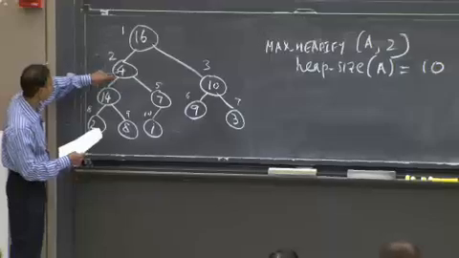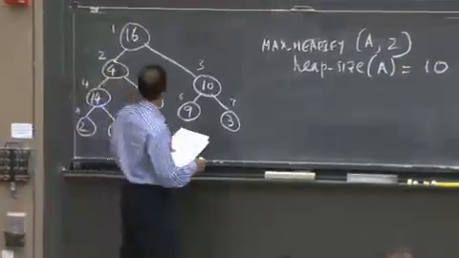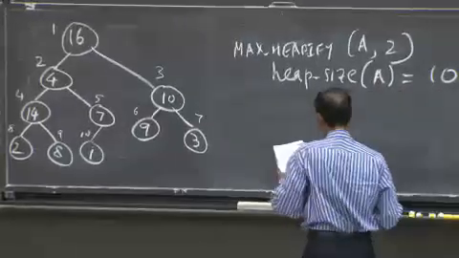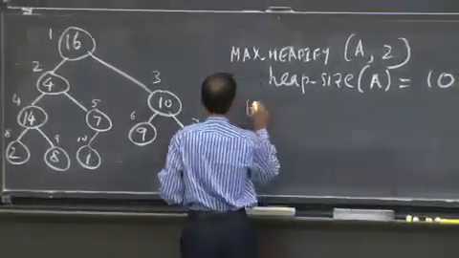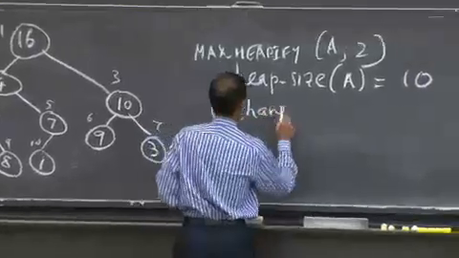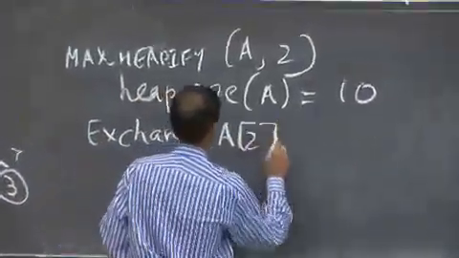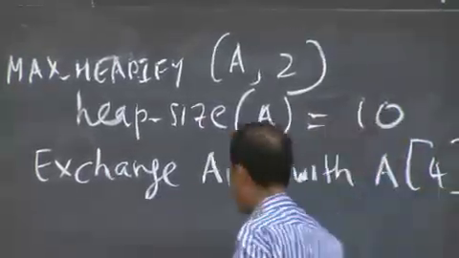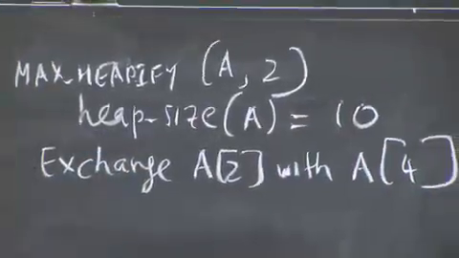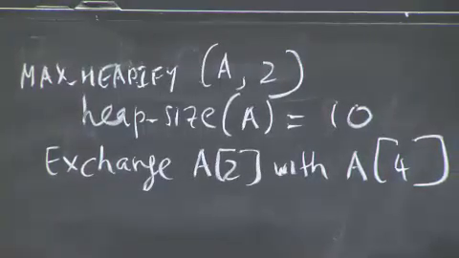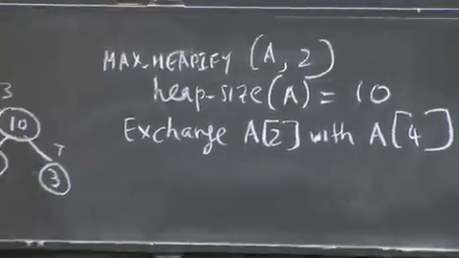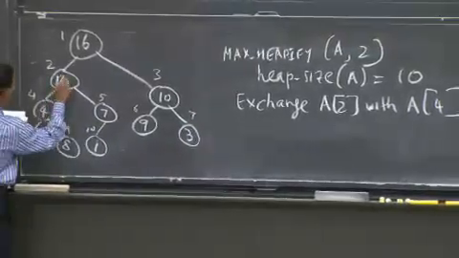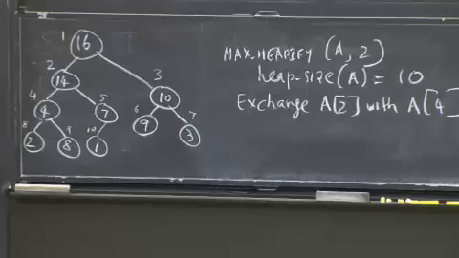You're going to look at 4 and 14, and it's going to say, okay, I'm going to look at both my children, and I'm going to exchange with the bigger child. So I'm going to exchange A2 with A4. And what that would do is take this, make this 4, and make this 14. And that would be step 1.